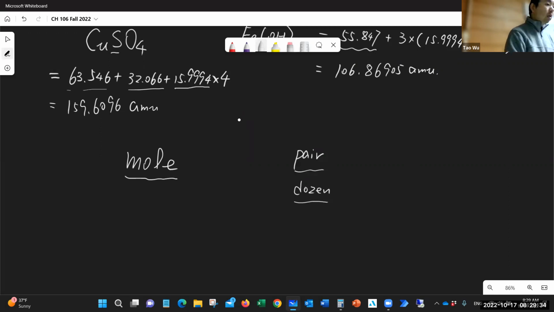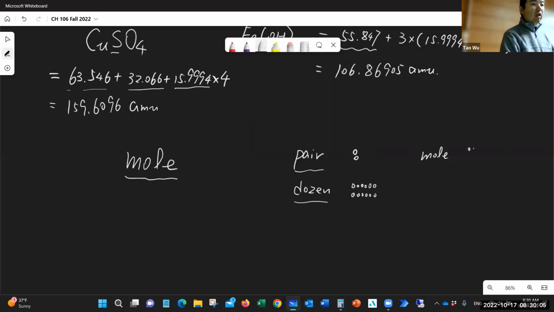So when we talk about one pair, we know we have two things, and two atoms is a pair of atoms, right? If we have a dozen of them, we know we have 12 of those atoms. But if we talk about a mole, it's not just 2, not just 12, it's a huge number.